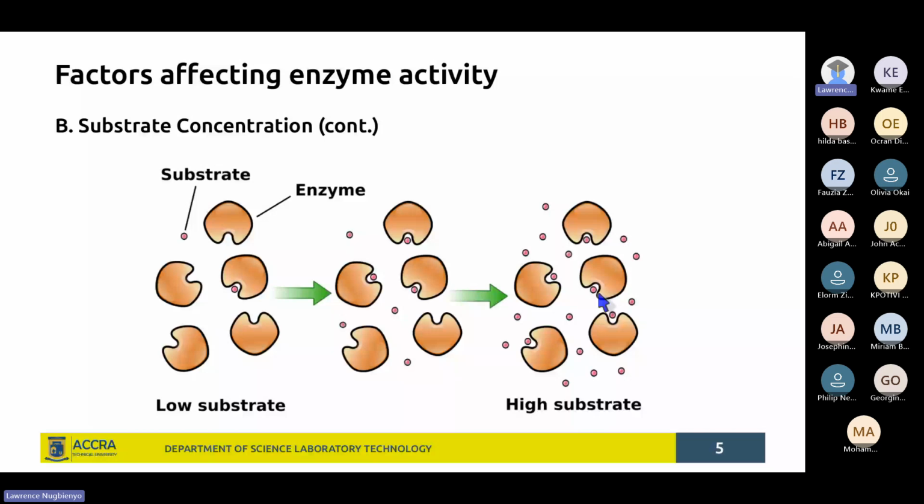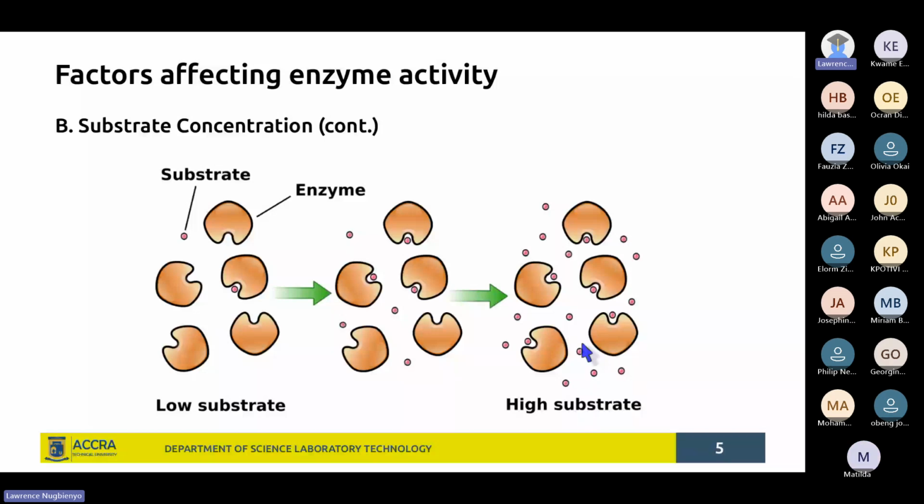What it means is that even if you continue to add more substrate in this mixture, the enzyme molecules are already occupied. They are all engaged. And so there will not be any change in the rate of the reaction. The amount of product which is going to be formed at any point in time will not change.